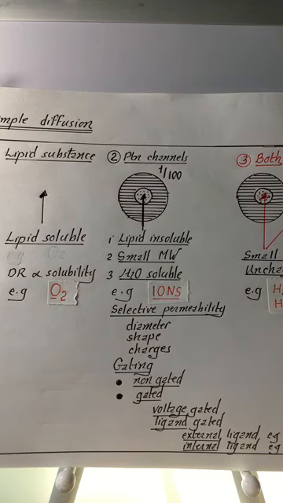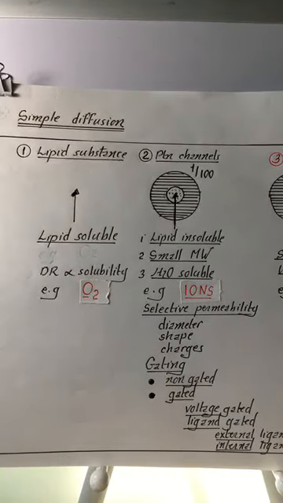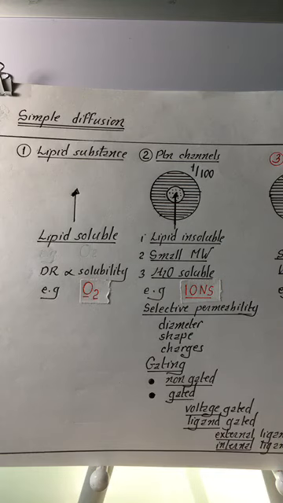Then I will ask you a question. Consider yourself the substance. You have two ways to cross the cell membrane: either to cross via lipid substance or to cross via the protein channels. Then how many ways do you expect simple diffusion has?